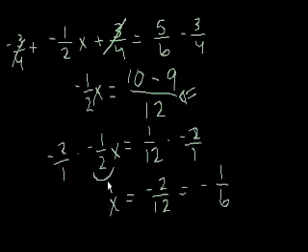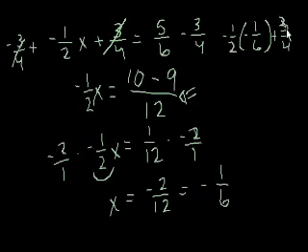Well, let's check that just to make sure we got it right. Okay, so let's try to remember that. Minus 1 over 6, and so the original problem was minus 1/2 x plus 3/4, so here we can substitute the minus 1 over 6. I just wrote only the left-hand side of the original problem.